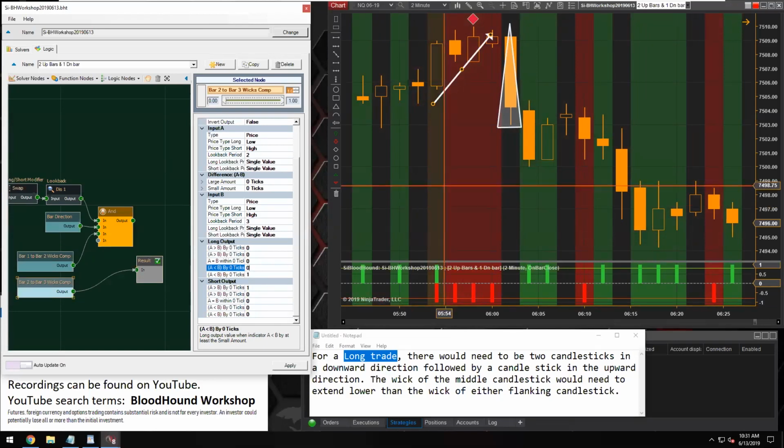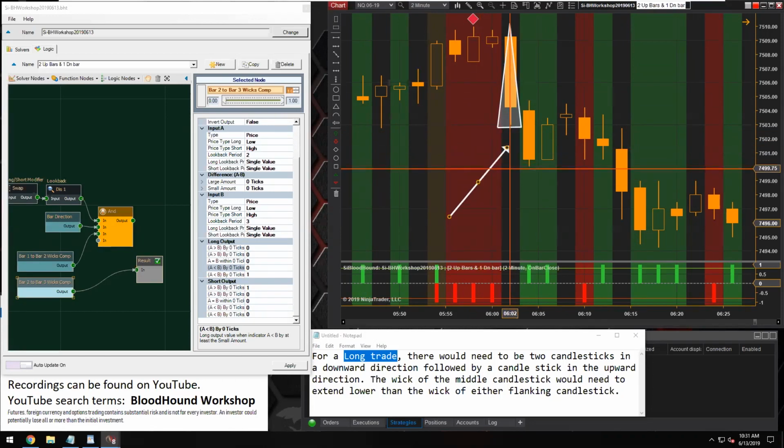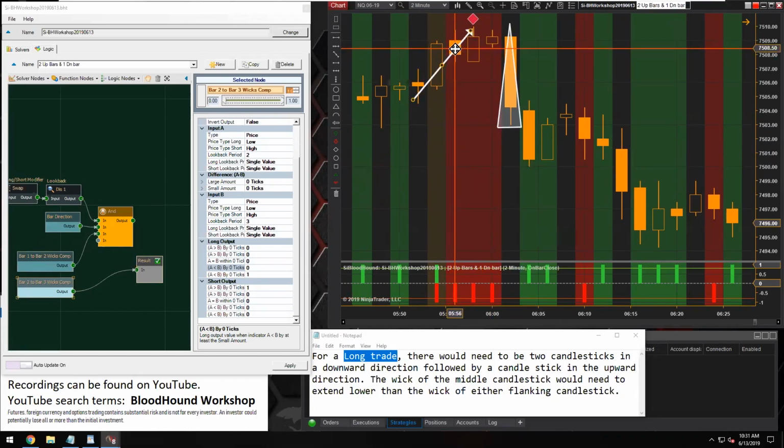There. And let's see here. We're getting no output. Remember, this is the possible signaling bar, and there's no output, which is correct, because the third bar has the higher wick than that.